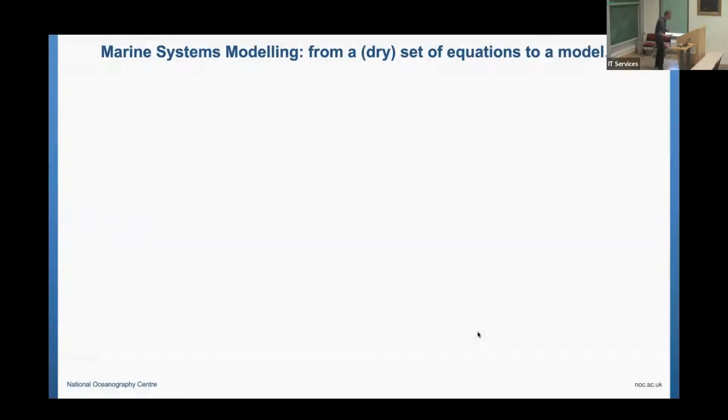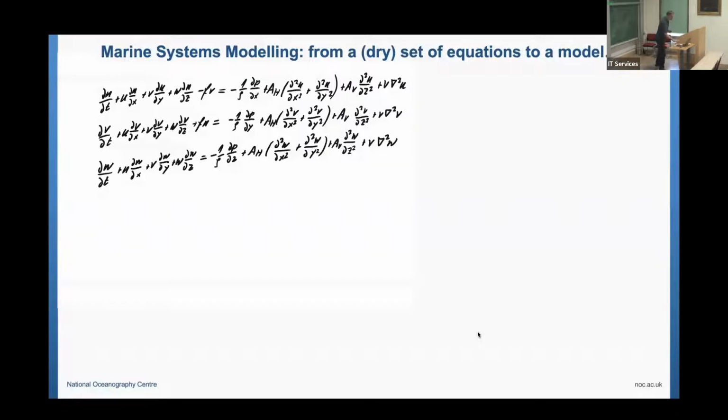Now, just briefly to say how what we do works. Essentially, we are trying to solve a set of equations, in our case the Navier-Stokes equations, which quite a few of you will be familiar with. You can't solve them with pen and paper, at least not analytically, so they have to be solved numerically.